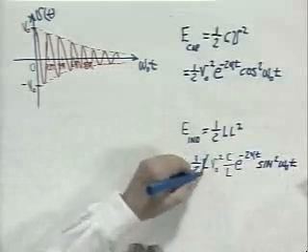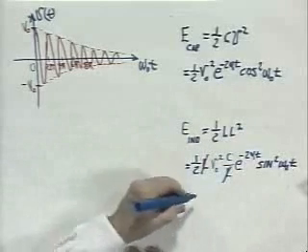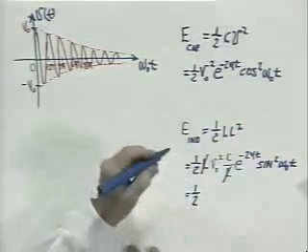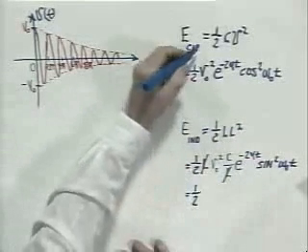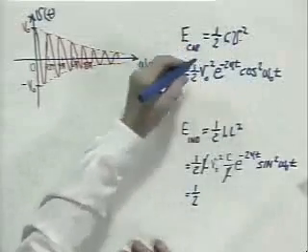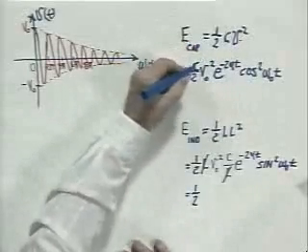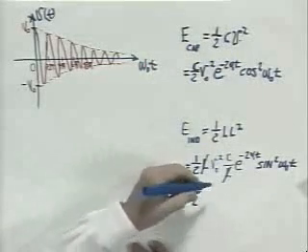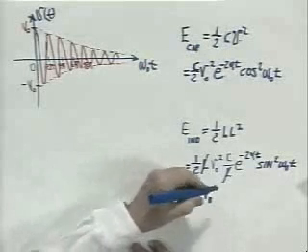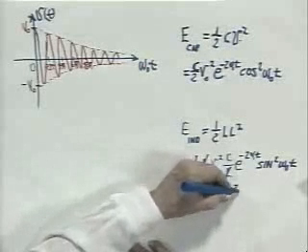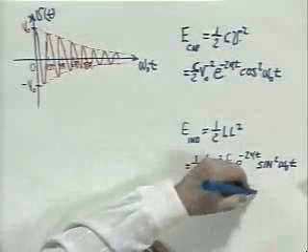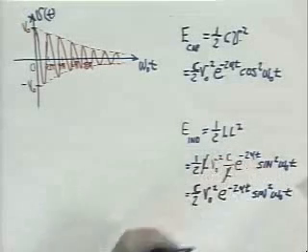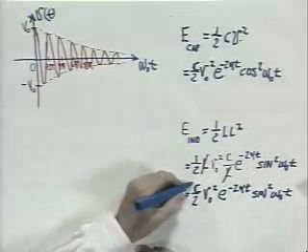And if I cancel the L's here, this is just 1/2, I left the C out up here, 1/2 C V squared. I got the V squared all right in the 1/2, but I didn't put the C in. It belongs there. Down here I'm left with the C, so I have a C in the numerator times V0 squared e to the minus 2 alpha t sine squared omega naught t. And you see that these coefficients are equal.